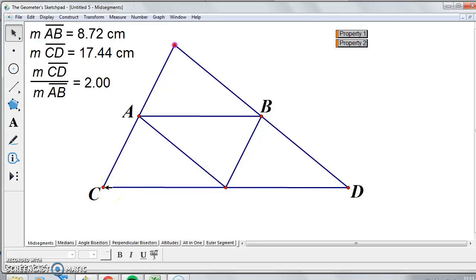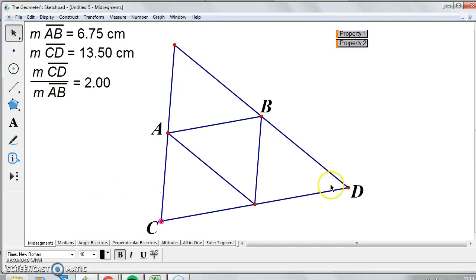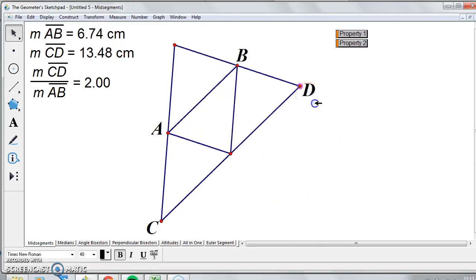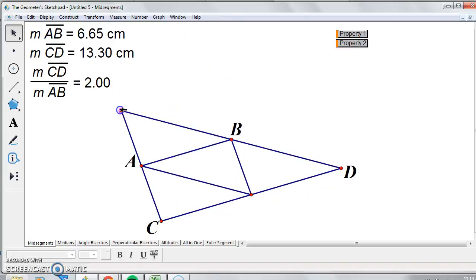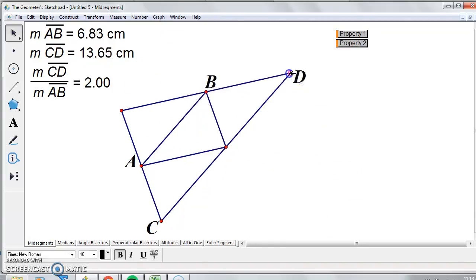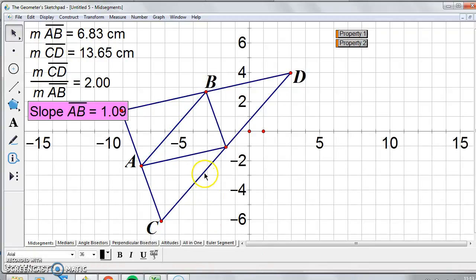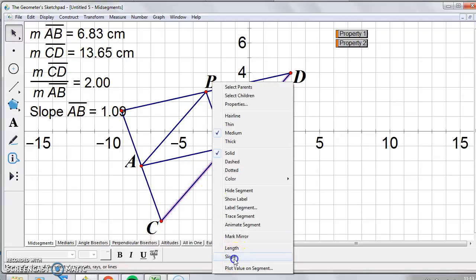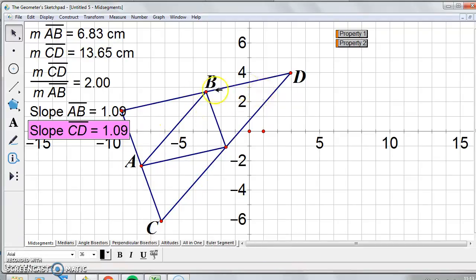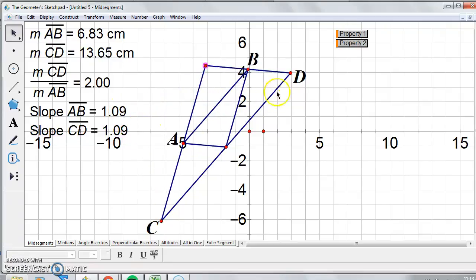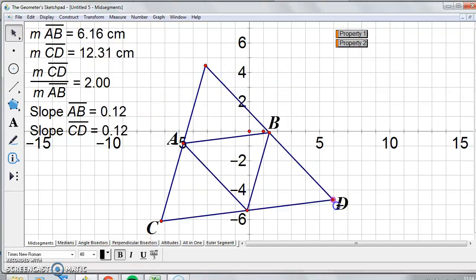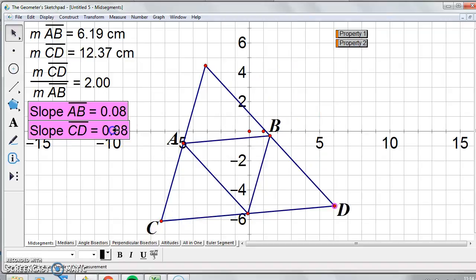You can also see that as I move this around, AB and CD are always going to be parallel. I can prove this by calculating the slope. The thing that I don't like about this is it's going to give me a grid, but I can still see that the slopes right now are both 1.09. No matter how I move that around, you can see the two slopes right there.